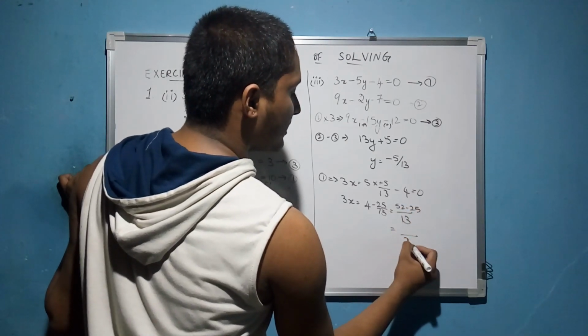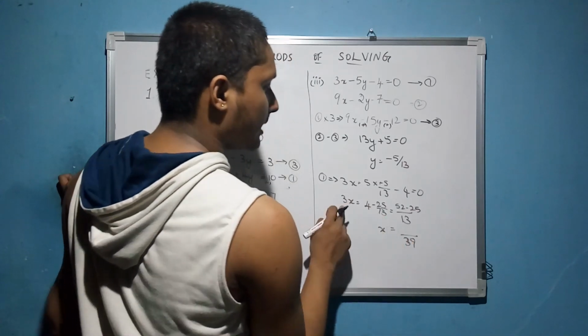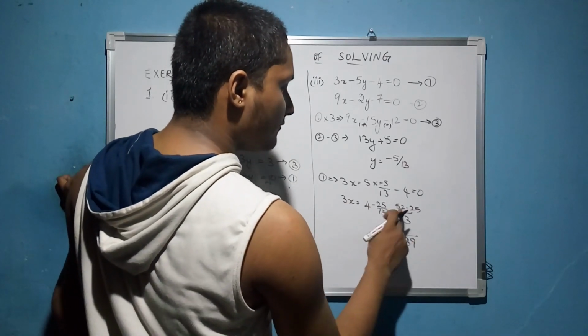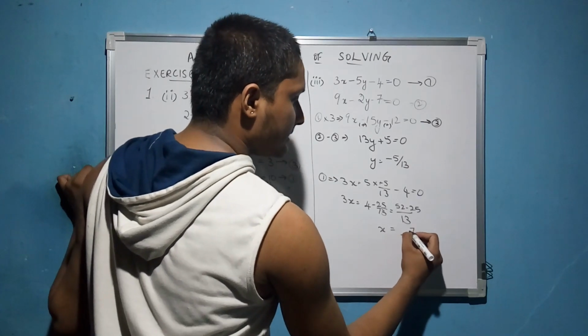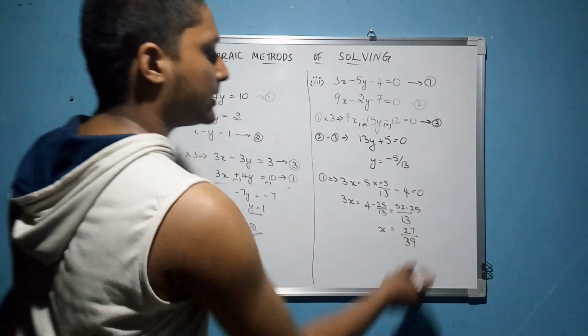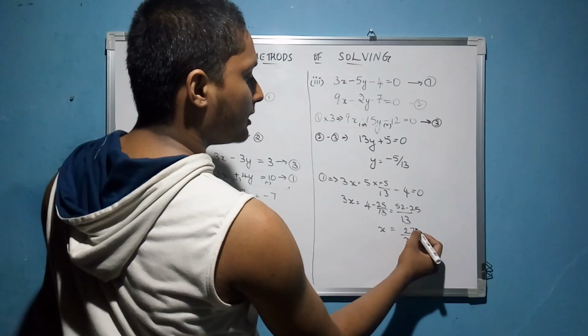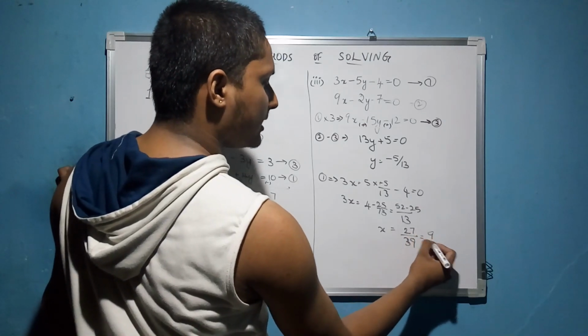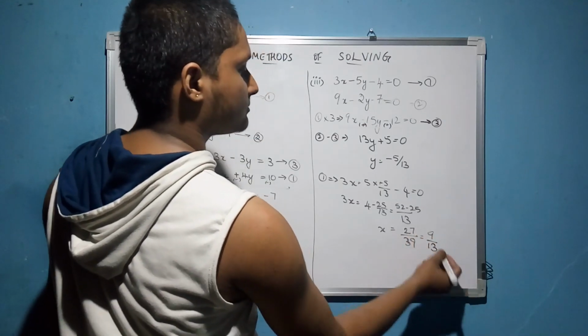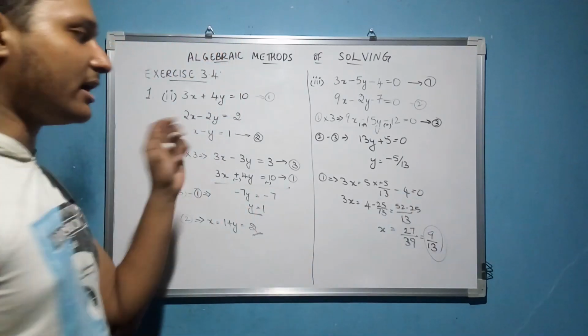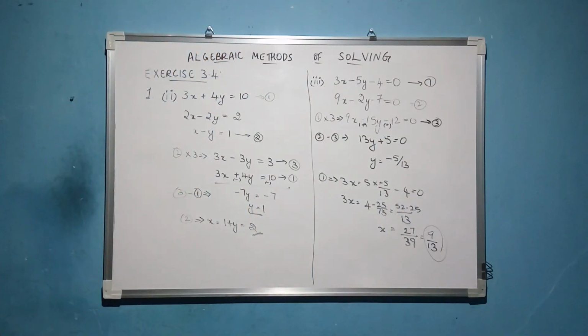If I get 39 here, because I brought 3 down, this is going to be 52 minus 25, that is 27. 27 by 39. You have 3 common, that comes to be 9 by 13. 9 by 13 and minus 5 by 13 are going to be the solutions of the given pair of equations. Not quadratic, it's pair of linear equations.